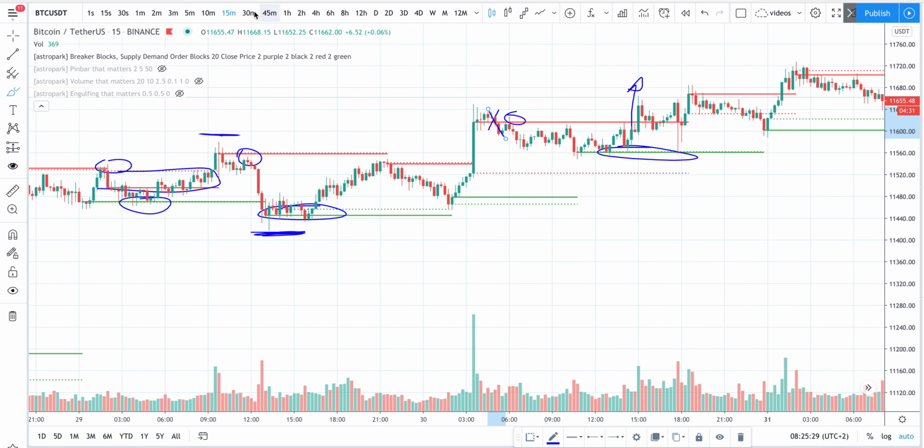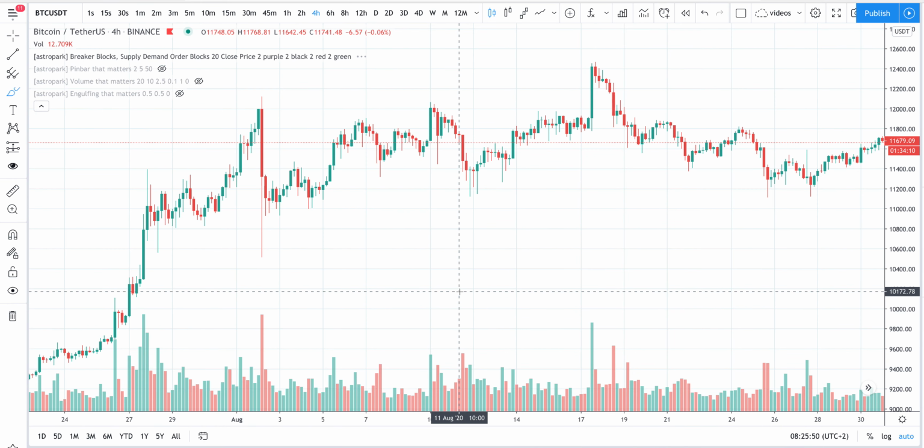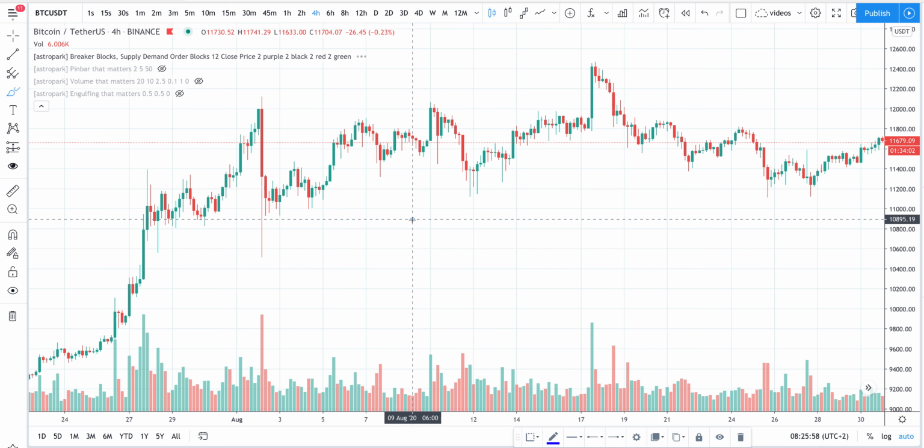Okay, just understand I'm on 15 minutes. Of course the power of zones is higher the higher the time frame is. So if we move, for example, to 4 hours, let's wait. I usually use 12 or 10 as analysis window.